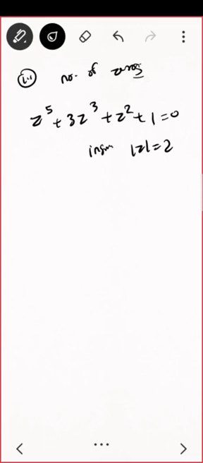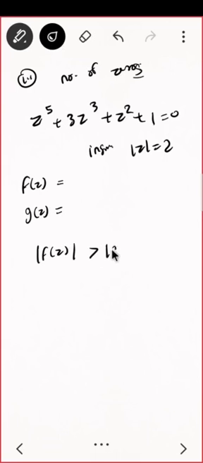Can you give me two functions f of z and g of z such that mod f of z is greater than mod g of z? Can somebody give me? Yes, mod z equal to 2 is given. Correct.